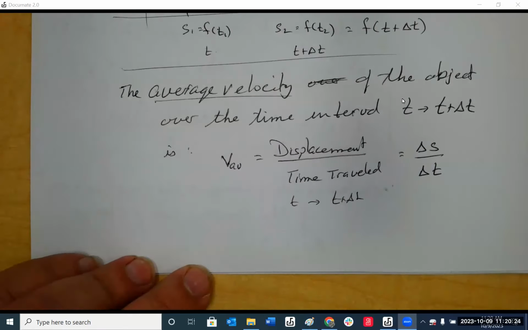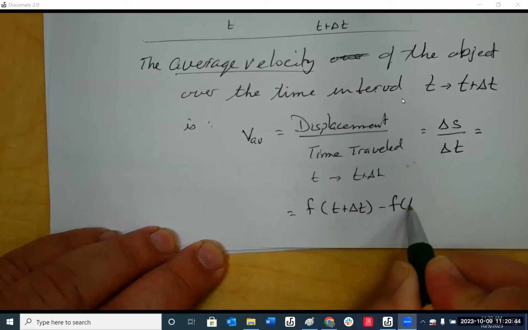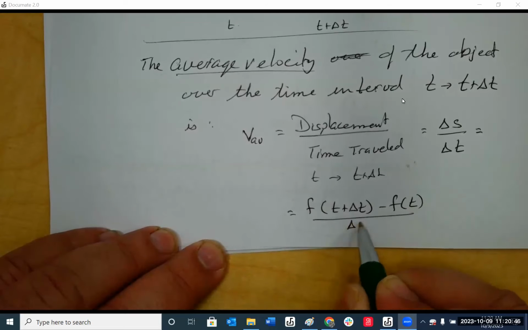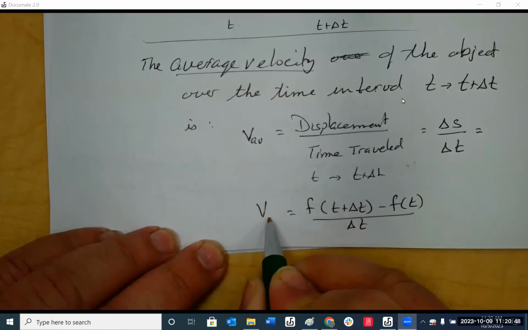So up here, S is defined as that. So our formula is f of t plus delta t minus f of t, divided by delta t. That's our velocity, our average velocity.